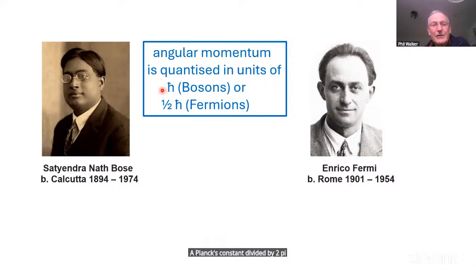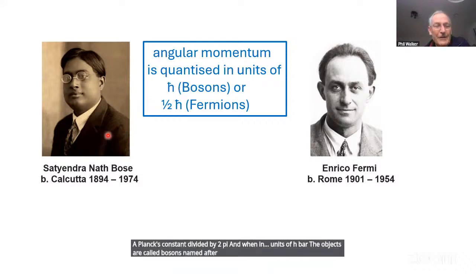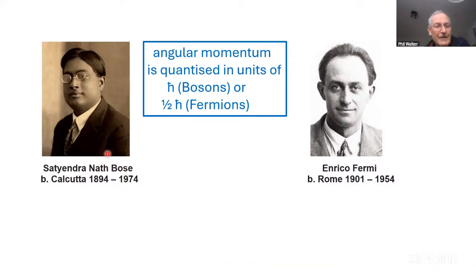And the angular momentum quanta are well defined in terms of h bar, Planck's constant divided by 2 pi. When in units of h bar, the objects are called bosons, named after your famous Indian physicist. And when they're in units of half h bar, they're called fermions, named after this Italian physicist.